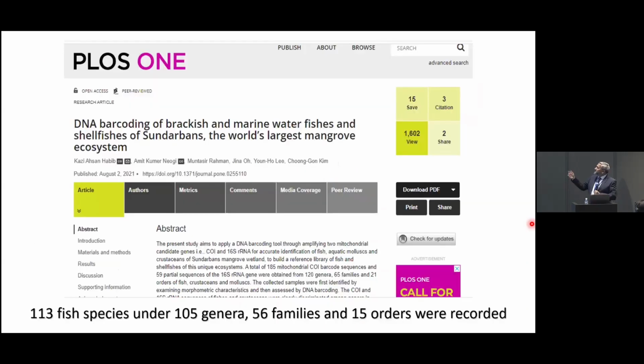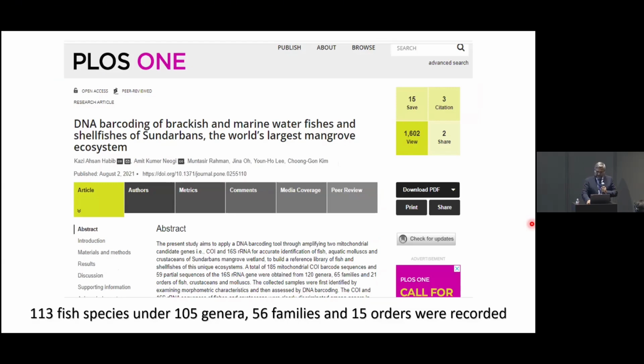Then we published the DNA barcode of the fish and shellfish of Sundarbans in PLOS One. In this paper we accumulated 113 fish species and other shellfish species like shrimp, crab, and some mollusk.